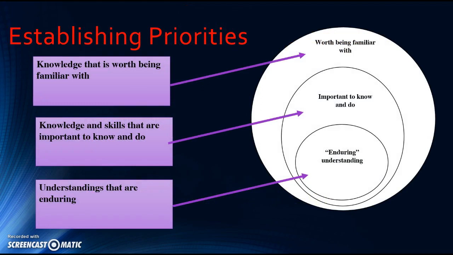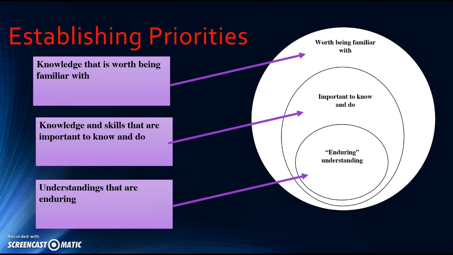So when you're thinking about identifying your desired results, you really need to think about the big picture. So you really need to establish your priorities. When you're taking a look at something that's worth being familiar with, it's not something that's essential, but you're saying, you know what, this is important, this would be nice if the kids know this.